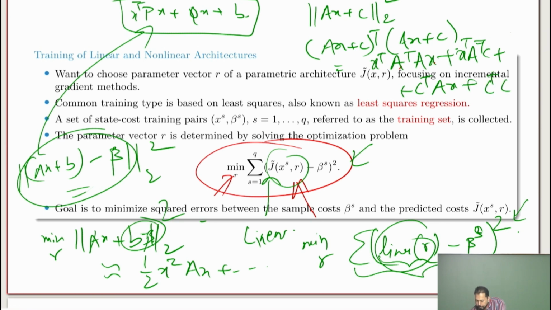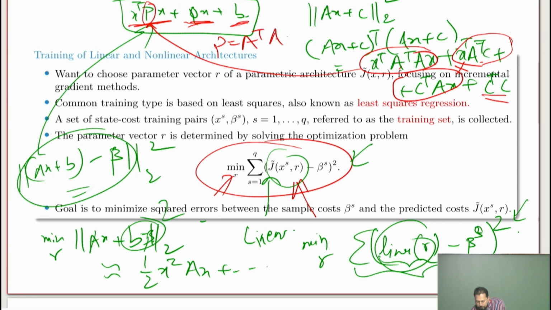So this term that you see here becomes our quadratic term, and these two terms combine to give us this linear term here, and c transpose c will be like the b. So this is indeed of the form p, where p is a transpose a.